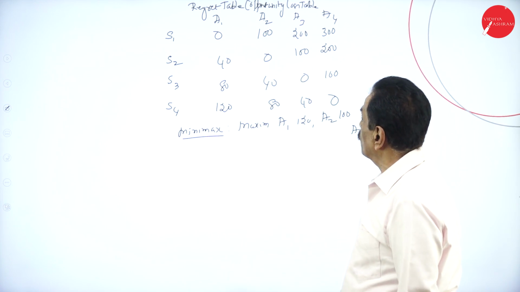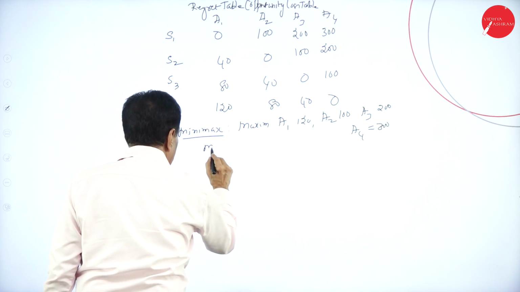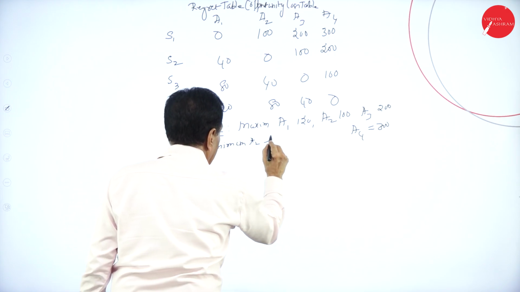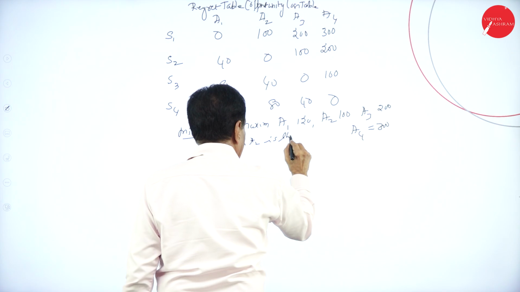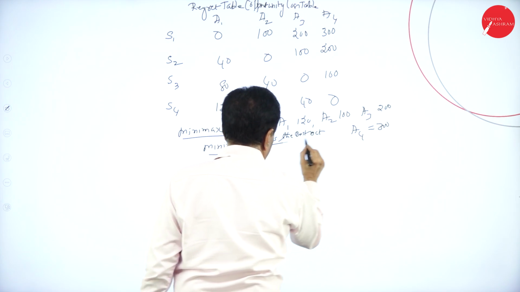So among them, which is the minimum one? A2. Minimum is A2. A2 is the best act.